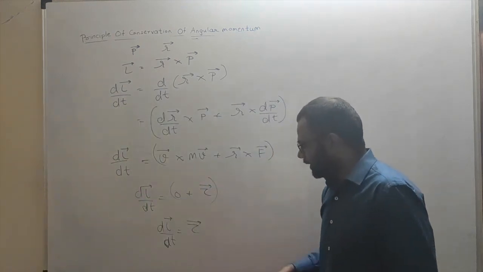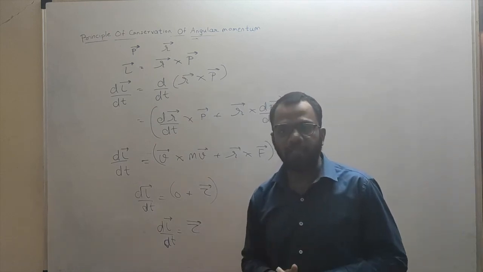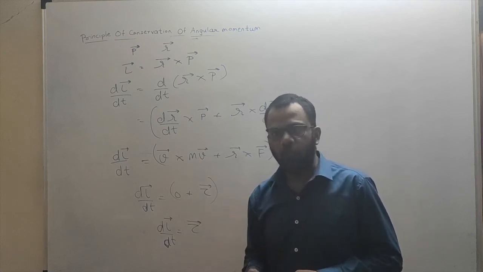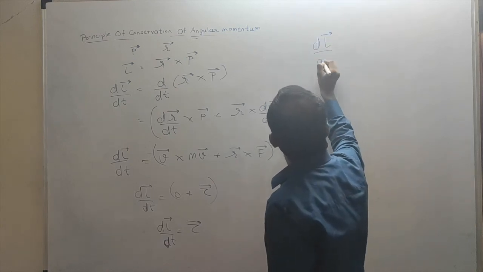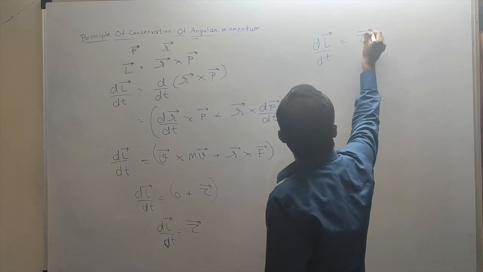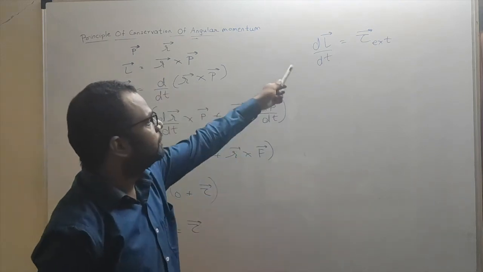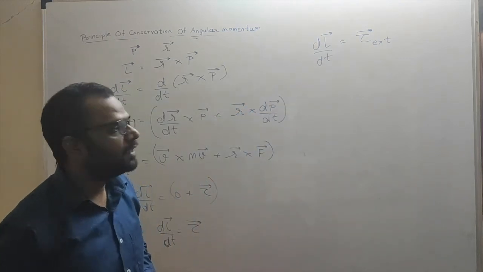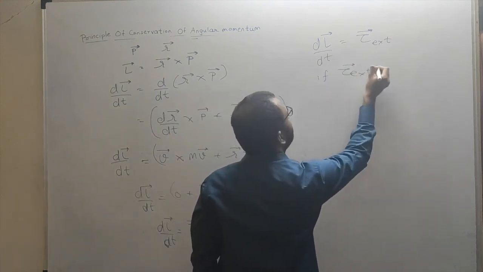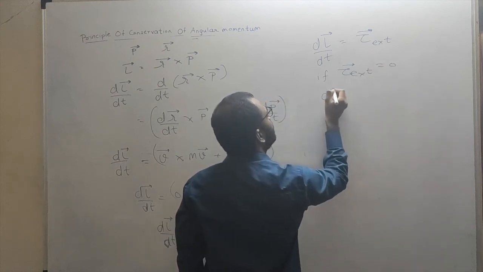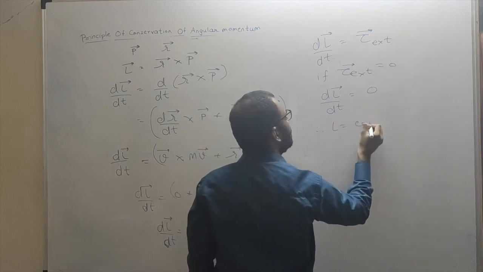Below that, write down in the same way, even for a system of particles or body, we can show dL by dt is equal to the torque acting on the body. So dL by dt is equal to tau external. Okay. Now below that, write down if tau external is equal to 0, dL by dt will be equal to 0, therefore L will be equal to constant.